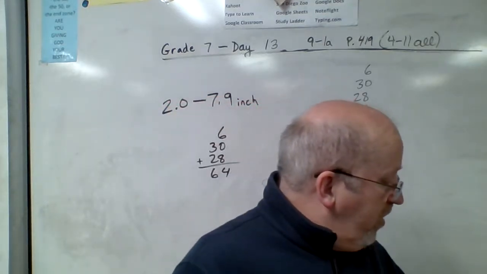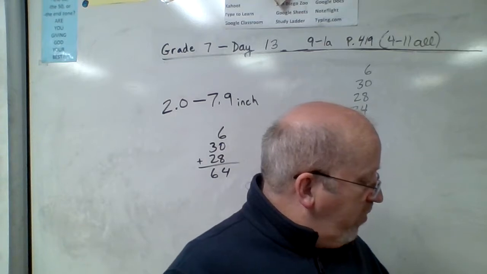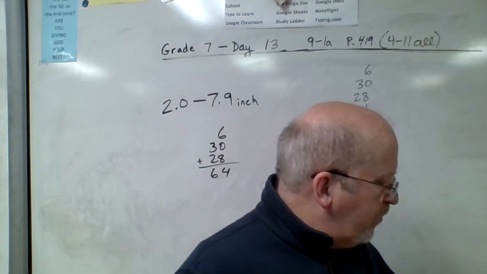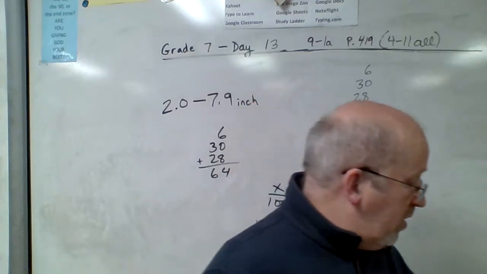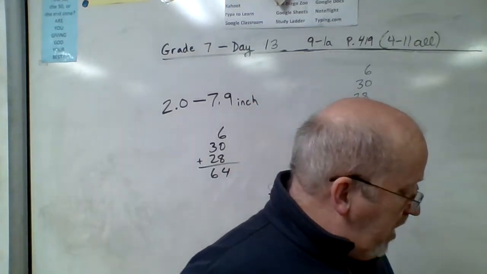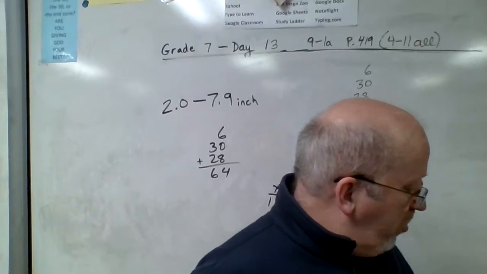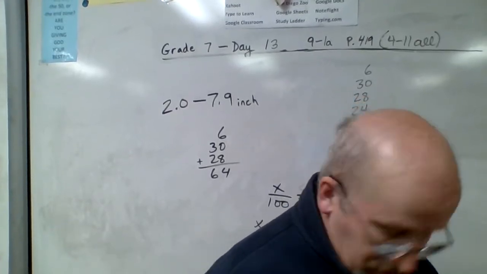Number 5 says the list shows weekly allowances, and they've got 5 columns and 5 rows. They've got 25 different allowances there. Organize the data into a table using the following intervals.